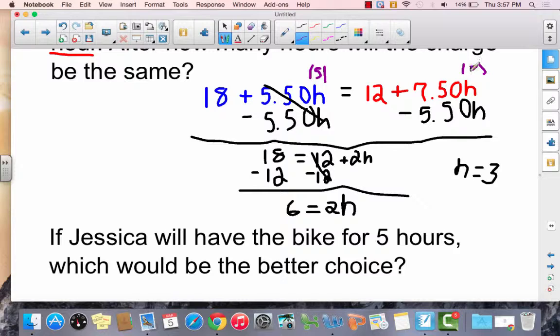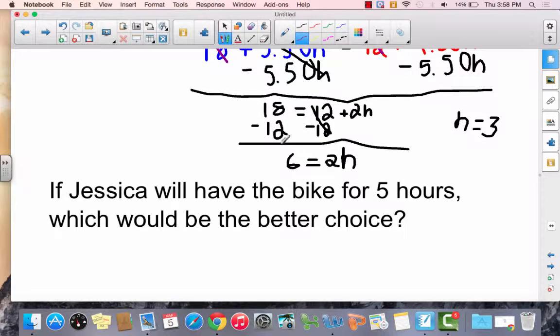Or I can think of it this way. If at 3 hours they are equal, I can basically consider the 12 and the 18 to be paid off at that point. So looking at my hourly fee, I would then either pay $5.50 an hour or $7.50 an hour. And since $5.50 an hour would be cheaper, I would have her go for company 1.